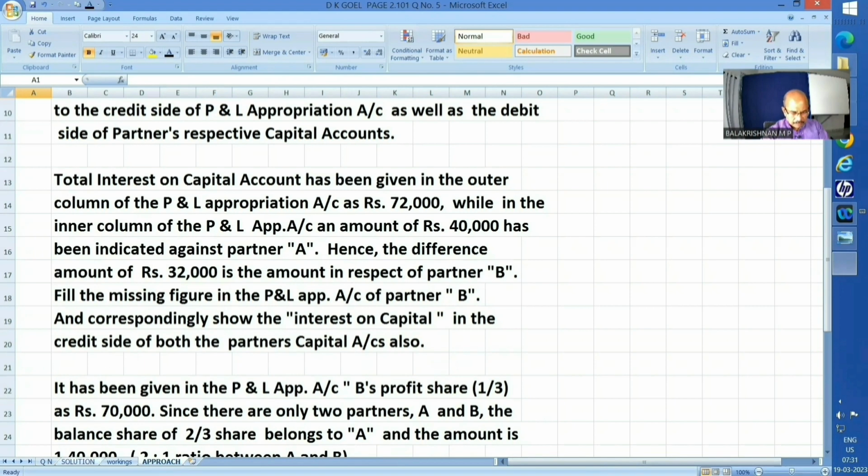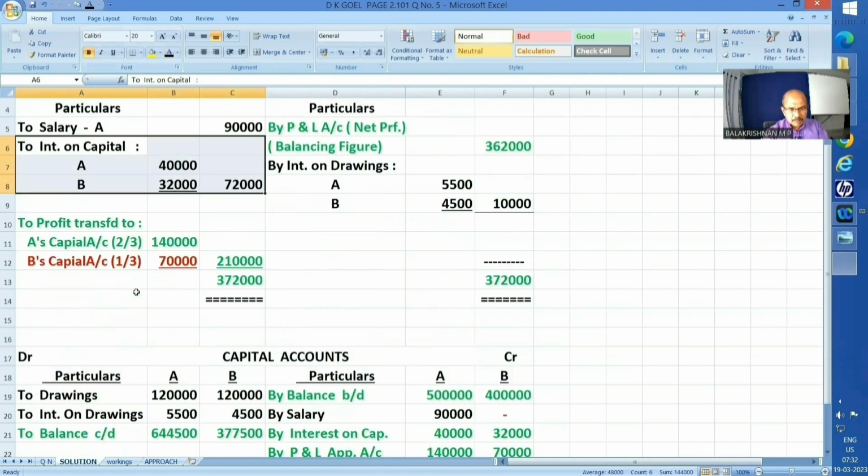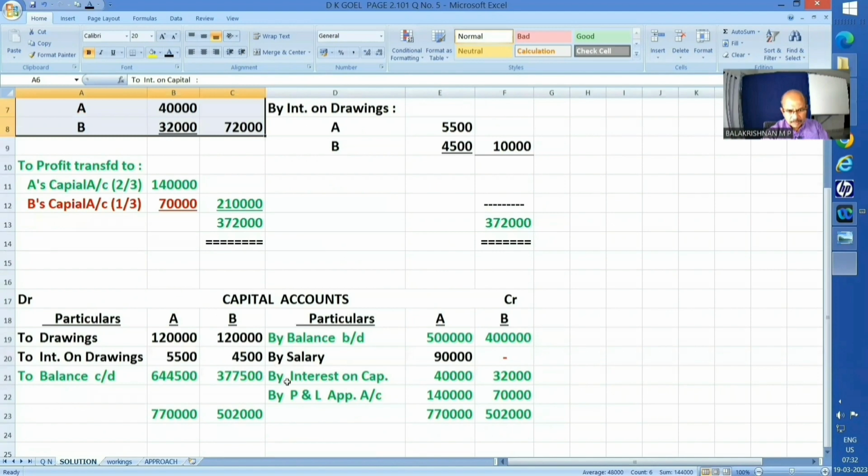That's all. Obviously, the difference 32,000 represents interest on capital in respect of B. So this is fully over. And we can show this correspondingly in the capital account. Okay. By interest on capital 40,000 and 32,000.